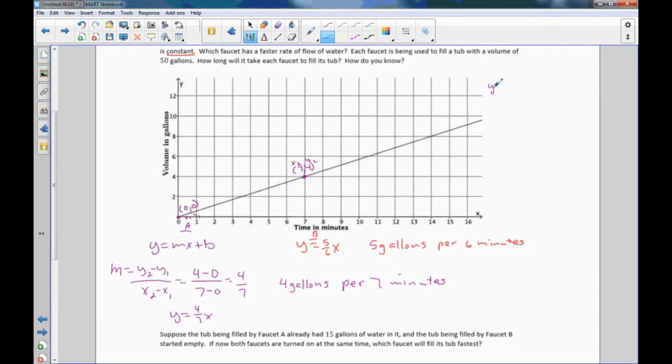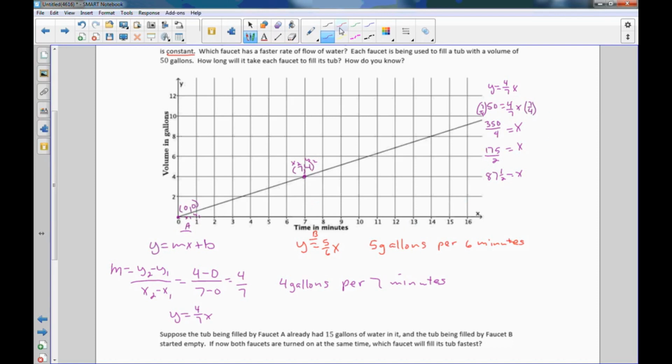So if I do this over here, Y equals 4 over 7x, and I substitute in 50 equals 4 over 7x, and I multiply both sides by 7 over 4, then I get x equals 350 over 4, which is 175 over 2, which is 87 and a half. Okay, how long will it take? 87 and 1/2 minutes, because in 7 minutes it took 4 gallons.